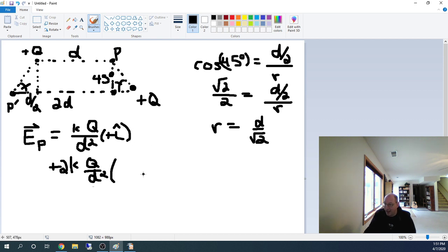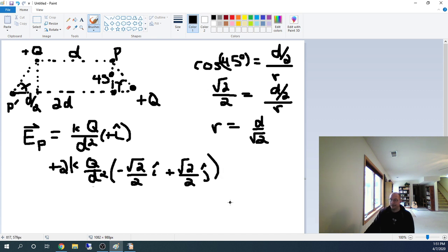The i hat component is minus root 2 over 2. And then the field points away from positive charges. That's to the left and up. So the upward component is square root of 2 over 2. And we're going to put that one as j hat. Okay. And that does it.